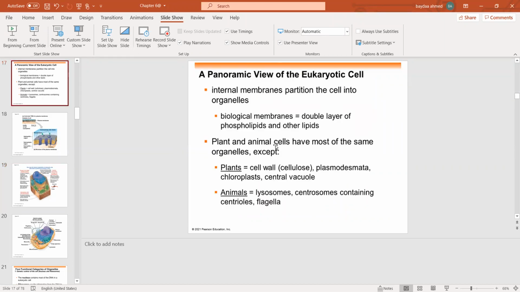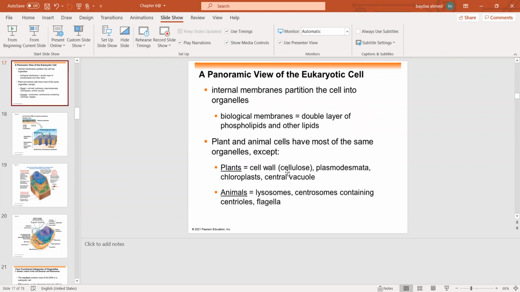We have two main types of eukaryotic cells that we will be talking about. We will talk about plant and animal cells and the differences between them. Consider that plant cells have a cell wall. You remember from the macromolecules, we talked about the carbohydrates and the structural building material cellulose.